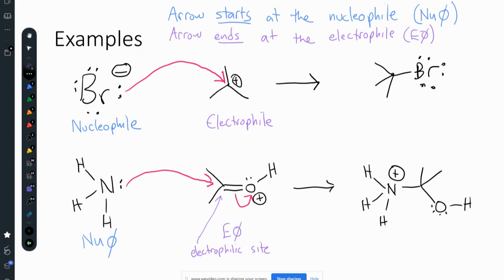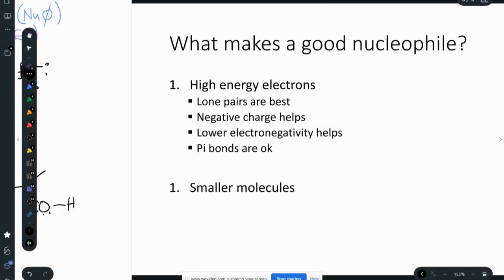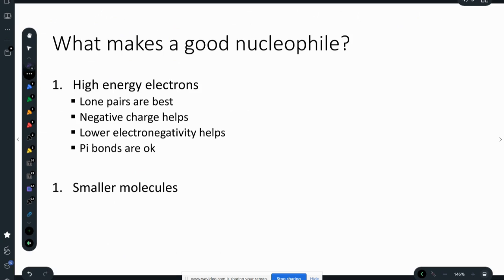Yeah, so good nucleophiles, negative charge is good. Low electronegativity is helpful. Generally, it's good if they have a lone pair, right? We want those electrons to be high in energy. So high energy electrons are going to be ones that are lone pairs, ones that have a negative charge.